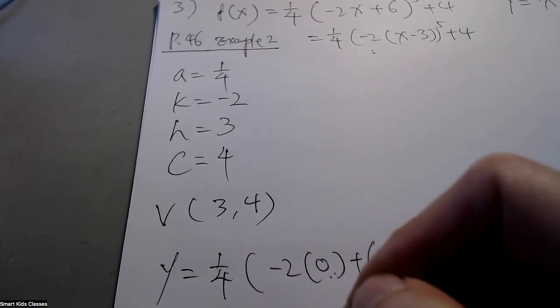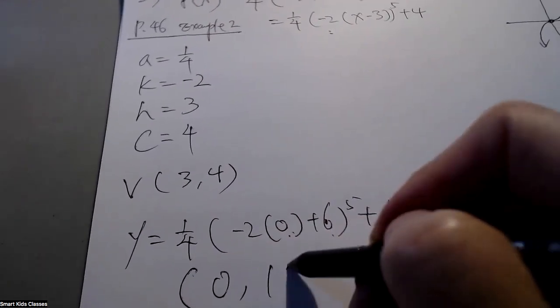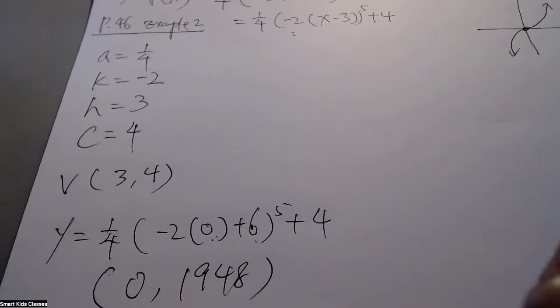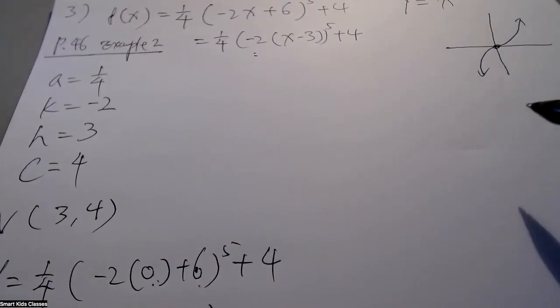You are going to get 1948, which is a large number. It won't be shown in the graph.